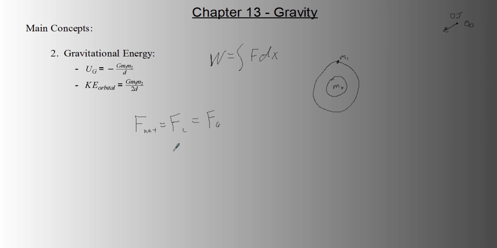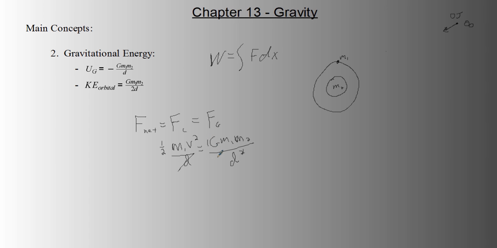So we get centripetal force, m1 v squared over d, equals G m1 m2 over d squared. Well, this d and one of these d's cancel, and if we write a 1/2 here, of course we have to do the same thing over here.